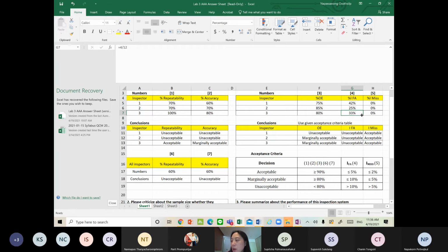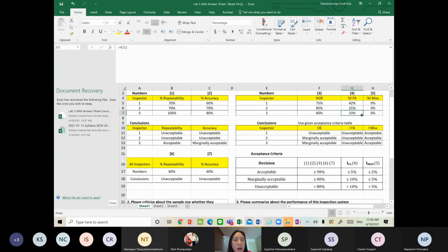And once you get a good standard, you have to train your operators very well, and give them enough time to practice inspecting based on the new criteria, the new standard.